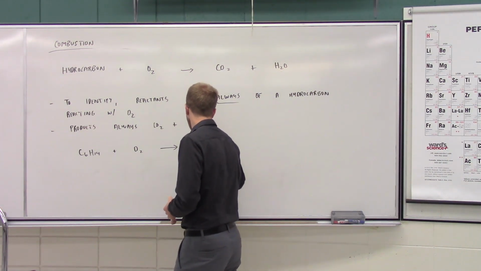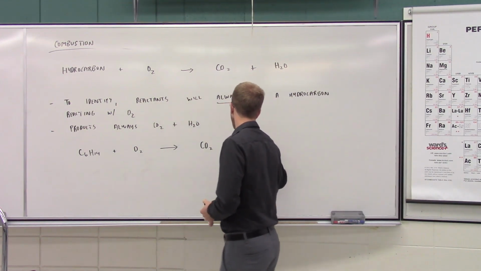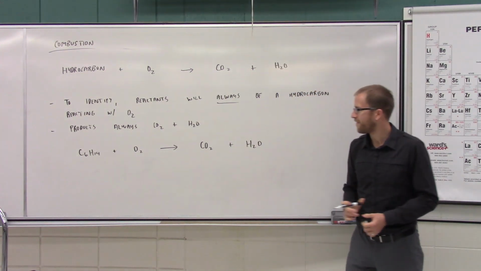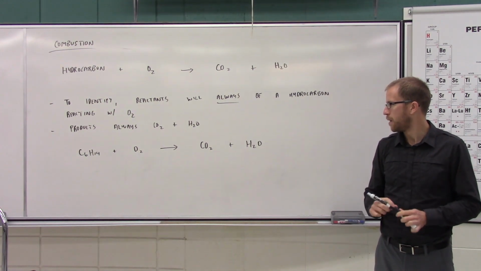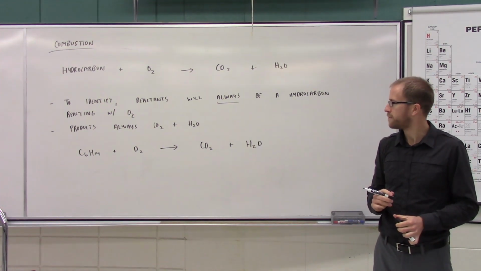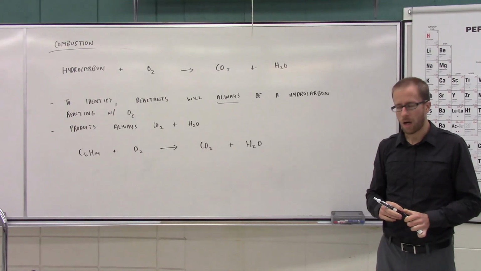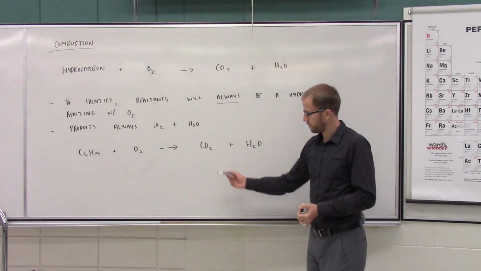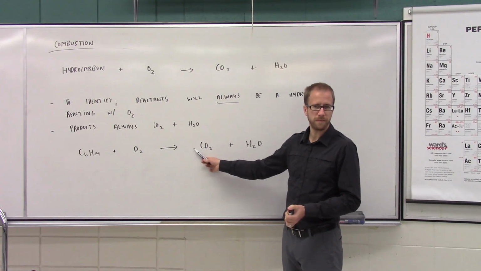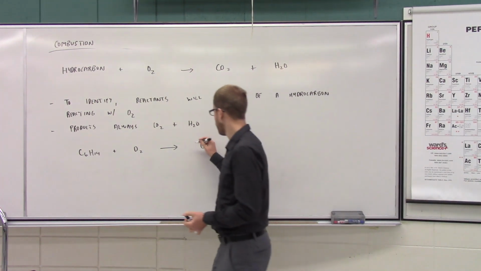Always, right? Easy. So if you see that, you automatically know what your products are. This one's a little trickier to balance, however. What are we going to balance last? Oxygen. Let's balance our carbons. What am I going to do? What am I going to put right here? Good job.